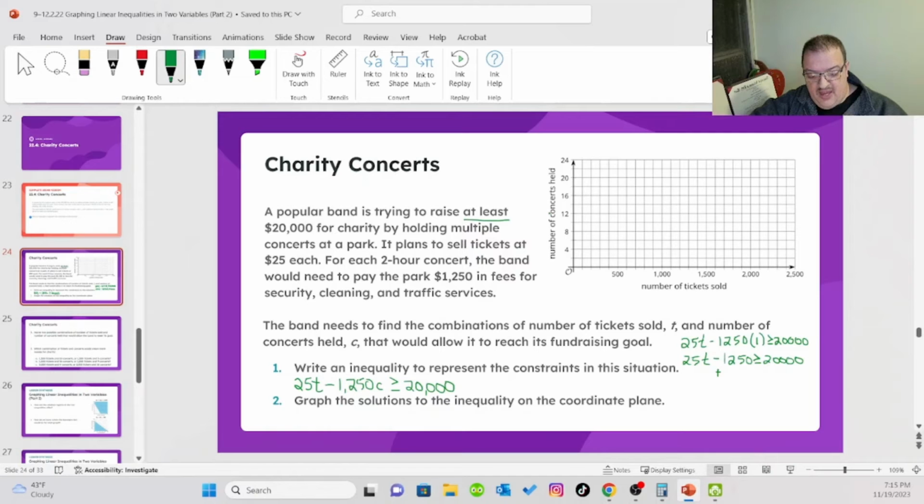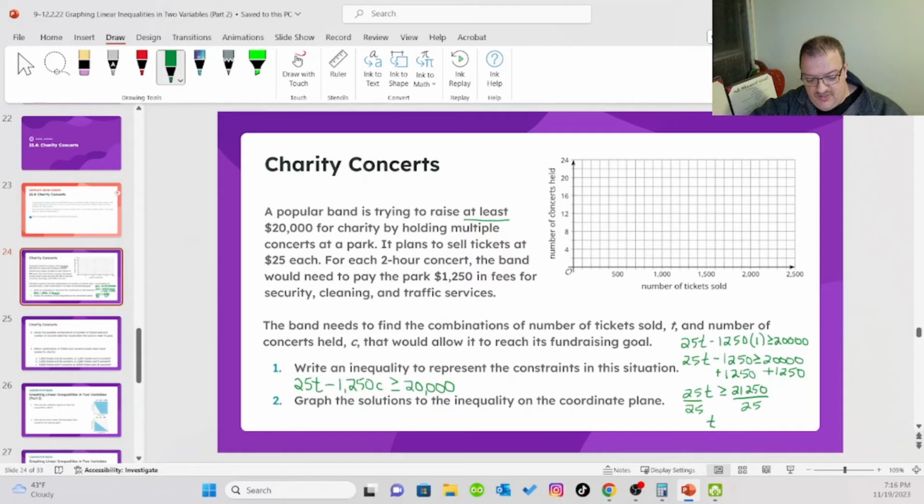I'm going to add 1,250 to both sides. And I have 25T is greater than or equal to 21,250. And now I'm going to divide both sides by 25 so that I find out how many tickets I would need to sell.